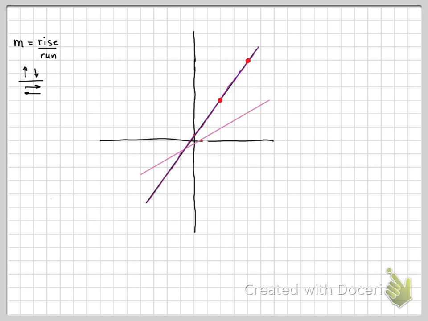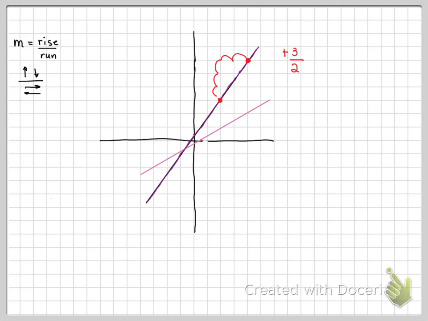Remember, the point on the left is where you start, and you work your way over to the point on the right. So in order to get from this point to this point here, we have to go up 1, 2, 3. So we went up 3 and then over 1, 2.